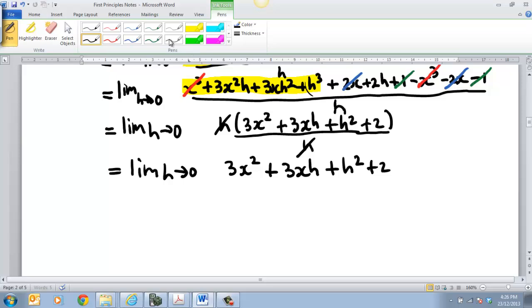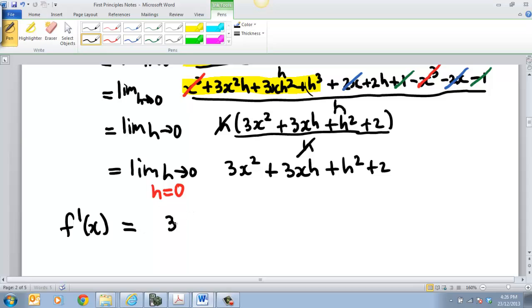So in other words, I'm actually making h equal to 0 now. Alright, that's what I'm effectively doing. So therefore f dashed of x is equal to 3x squared. Now that's going to go out because that's got 0 times 3x there, and that will leave me with plus 2. Alright, so that's my answer.